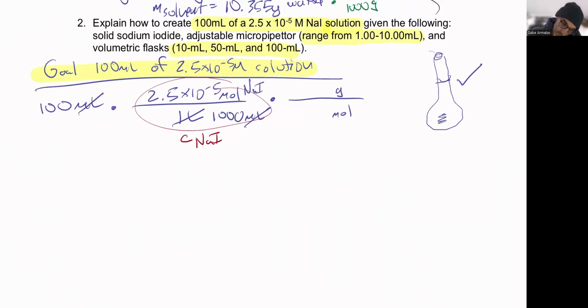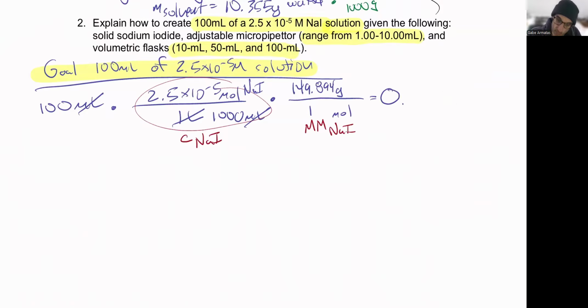I want grams to remain. 1 mole of NaI is, I looked this up, 149.894 grams. This is the molar mass of NaI. When I do the math, what I find out is my final mass is 0.00037 grams of NaI.